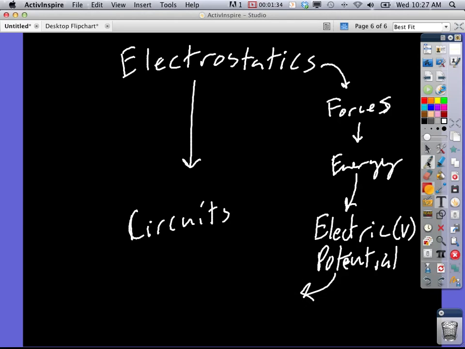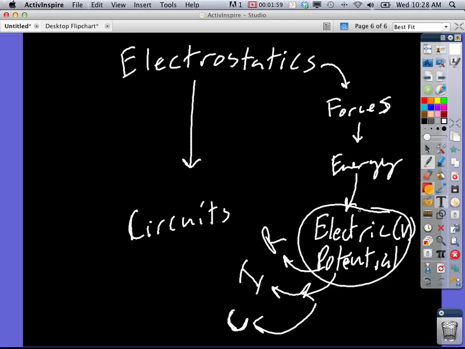From electric potential we branch into R and I and C. The forces between charges allow you to have potential energy between charges, which allows you to have electric potential. And this is what allows you to begin this whole thing with circuits, and C and I are a circuit. So that's the logical progression.